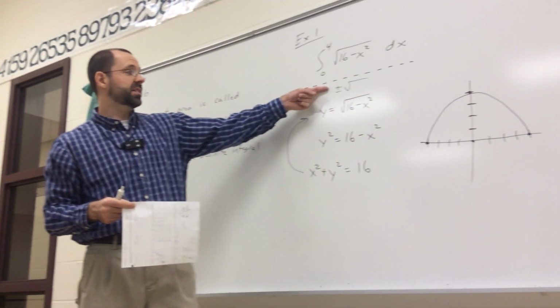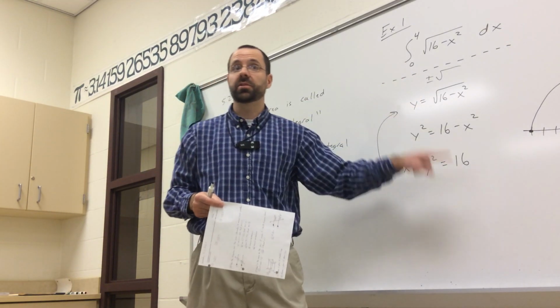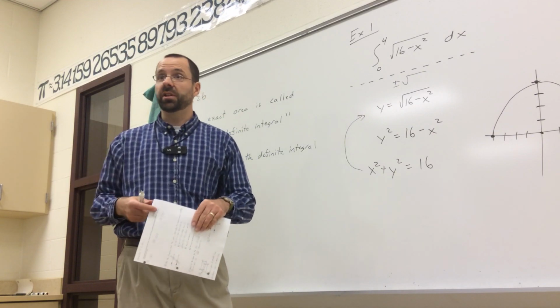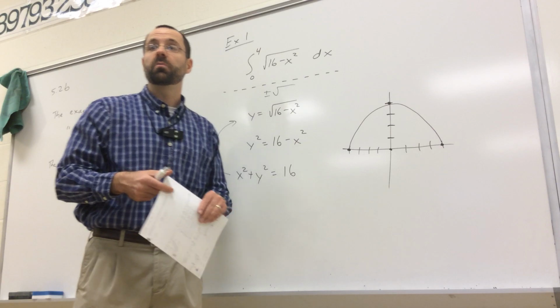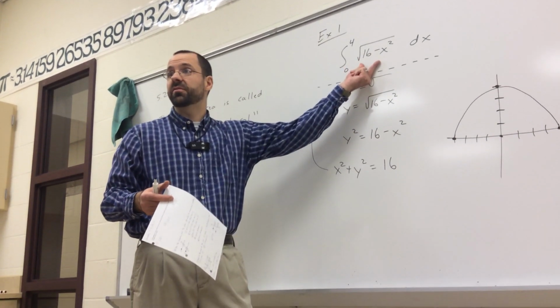So if you graph the positive square root, that gives you the top half of the circle. And if you graph the negative square root, it gives you the bottom half. So Ella's comment is good. If we had the bottom half, it wouldn't be a function. We can tell that it's supposed to be the top half because this right here is the positive square root.